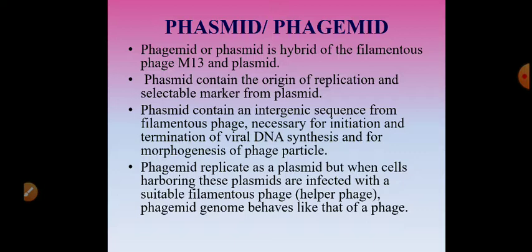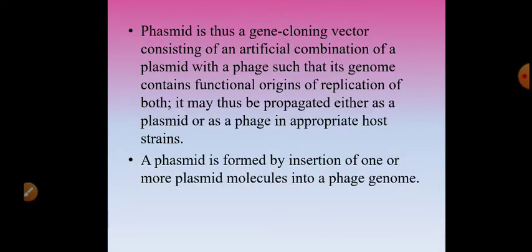Okay, so phagemids usually in their host or cloning organism behave as plasmid, but if the cloning organism is infected with a filamentous phage which will behave as a helper phage, the phagemid genome will behave like that of a phage. So it can behave like a plasmid as well as like a phage.